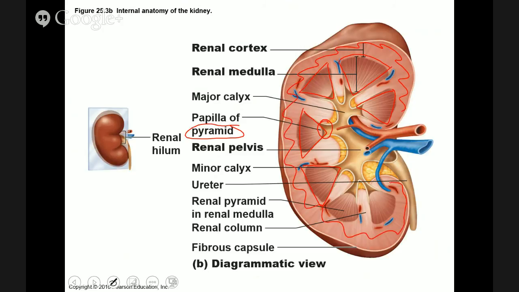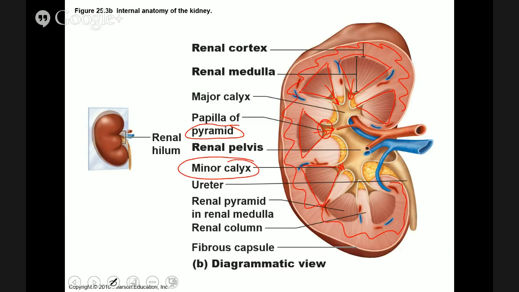Within the cortex and the medulla, we have the functional units of the kidneys called the nephrons. The nephron's job is to essentially produce urine, which contains the waste. The urine will be deposited into the area just distal to the papilla, which is called the calyx, the minor calyx.